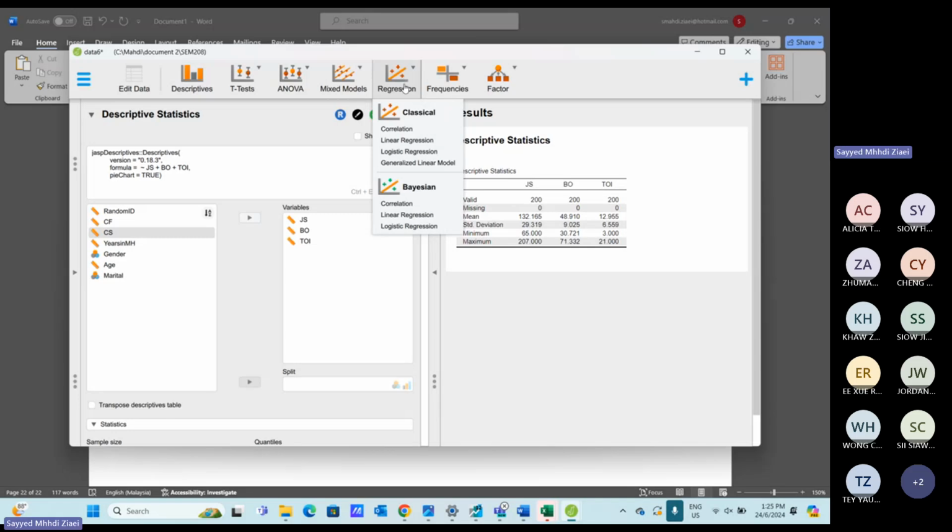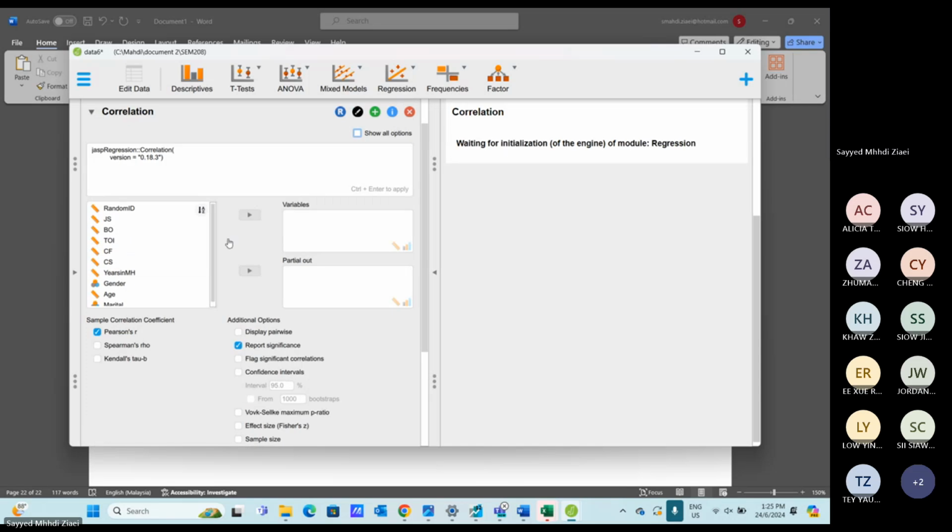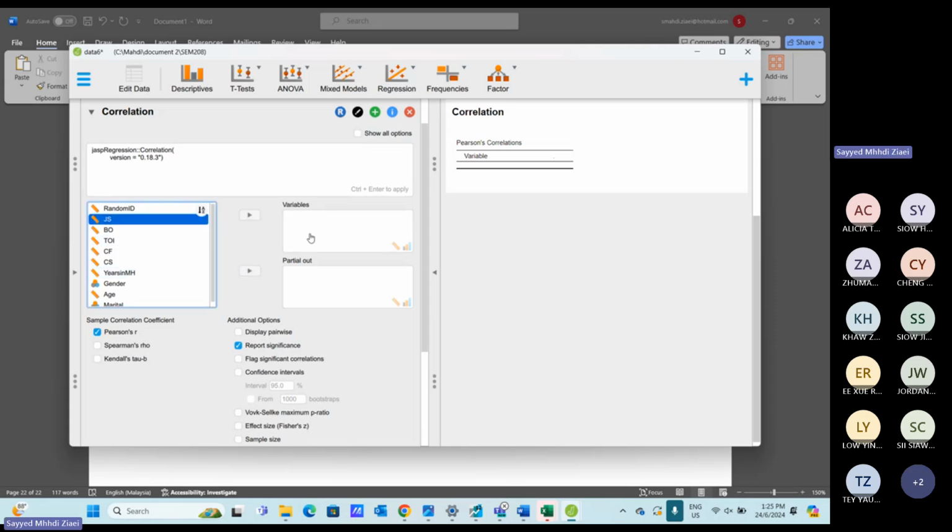Go to regression. I want to find the correlation and regression between these three variables. Go to correlation first. I want to find the correlation between GS, job satisfaction, and BO, burnout.